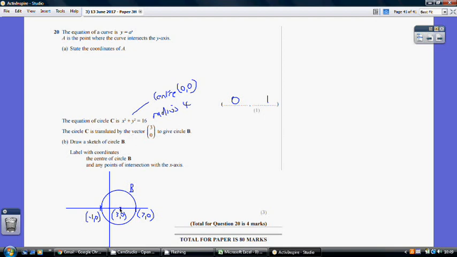So having a radius of 4, it's going to cut the x-axis 4 to the right of 3 at 7 and 4 to the left of 3 at -1. So here's my circle B. I've got the centre labelled with coordinates, the centre of B, 3, 0, and the points of intersection with the x-axis, -1, 0 and 7, 0.